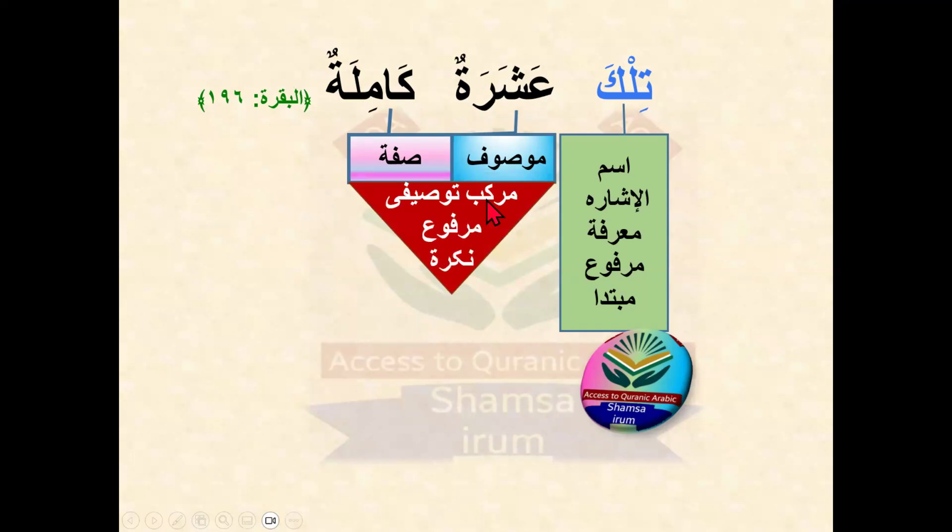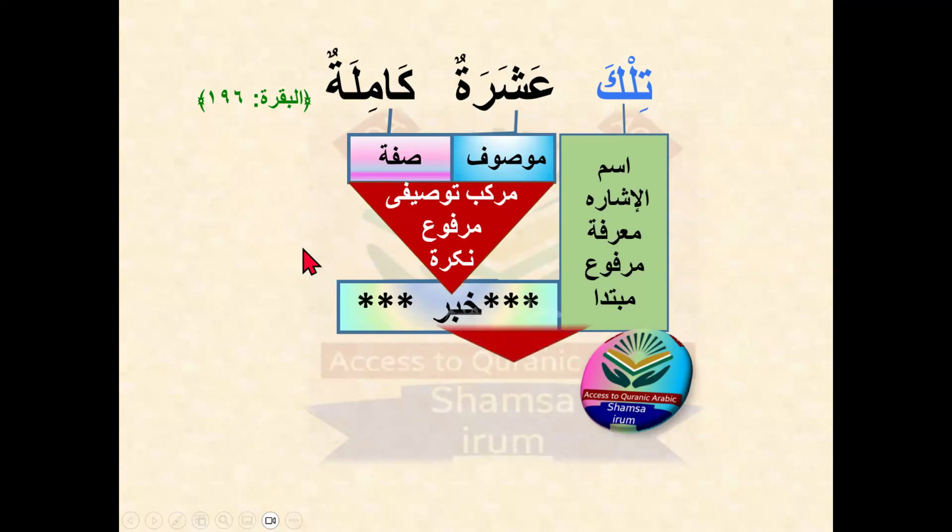So marfu and nakira completes the requirement of the khabar. And mubtada and khabar complete the jumla ismiya. If you notice now, the mubtada is feminine, so the khabar is also feminine, because here the demonstrative noun is used as feminine, tilka, not dhalika.